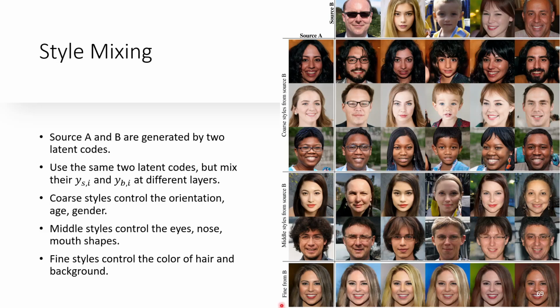And for the five high resolution layers, or the five styles, these rows all share the same, it's hard to say, what do they share? Color of skin, color of hair, maybe. So StyleGAN means they can control styles at different layers.